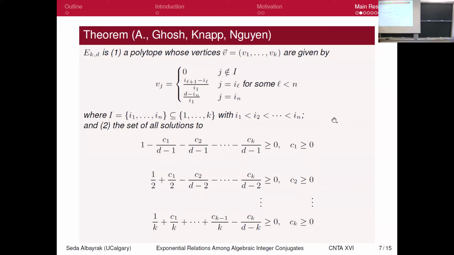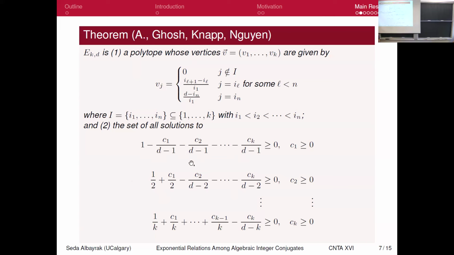Okay, so before we proceed, I'm just going to tell you how we get this in terms of the method. If you look at this, by definition, 2 describes a polyhedron, but you can see that it's bounded, so it's going to be a polytope. And a polytope can be described by its vertices. So to show that 1 and 2 are the same, we show that the vertices satisfy these inequalities.